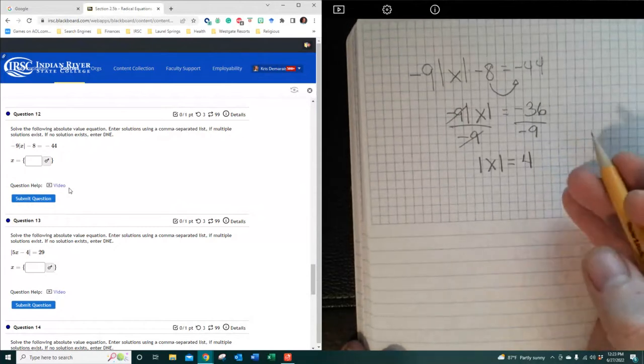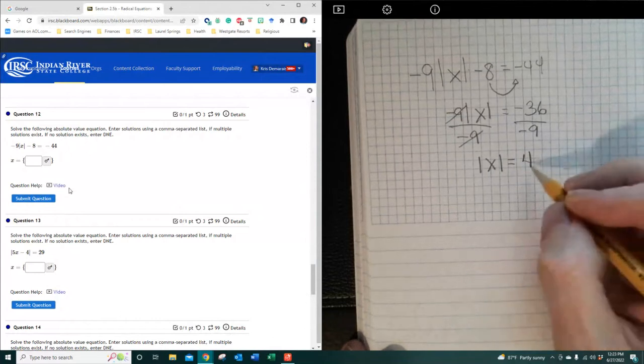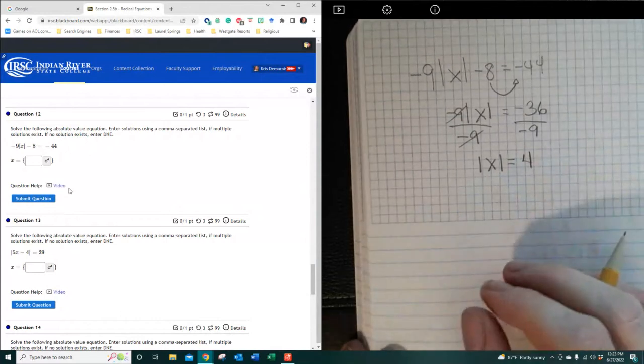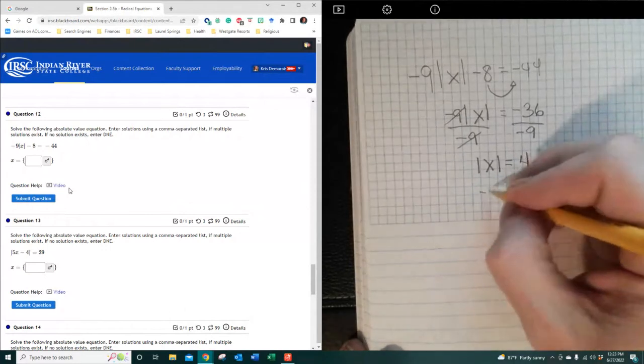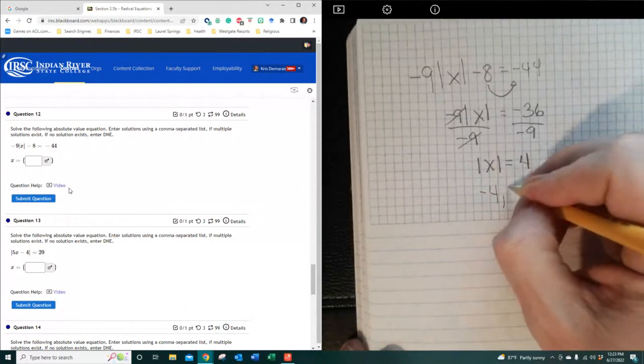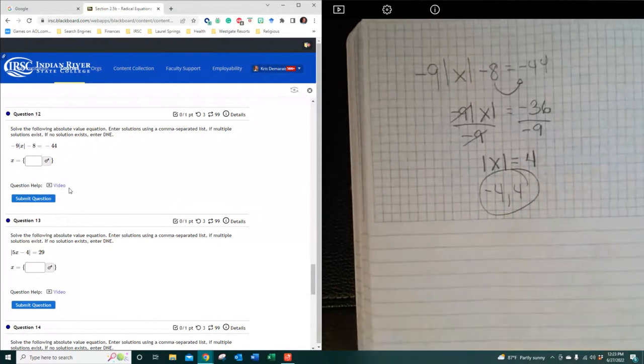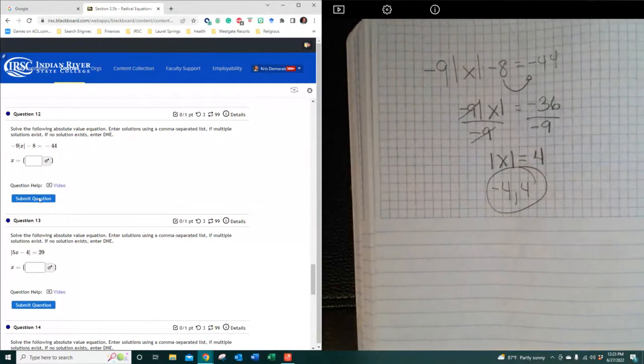You would say does not exist for such cases, because there's no such thing as an absolute value of something that gets negative. So the answer here is plus or minus 4, because that is the distance you are away from 0.